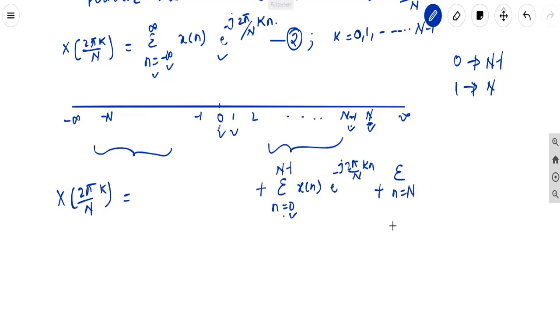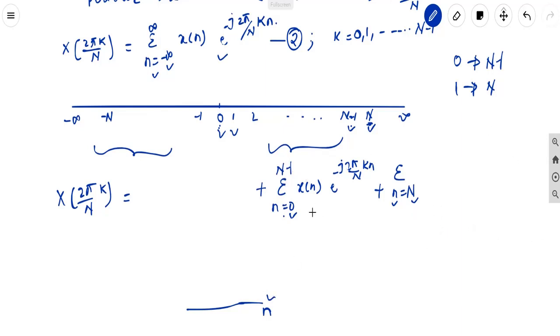Capital N is your samples, the number of samples you are taking, and this defines the range. In a discrete signal, the x-axis is taken as n. So this n is this one and the capital N is the number of samples.